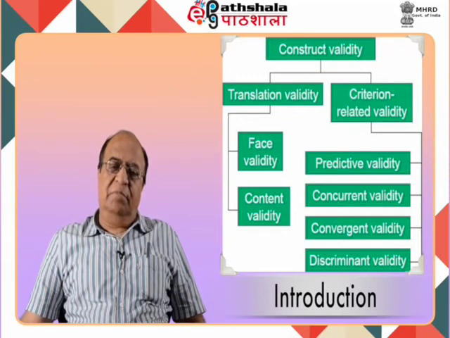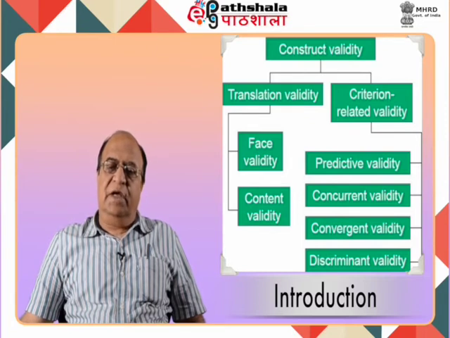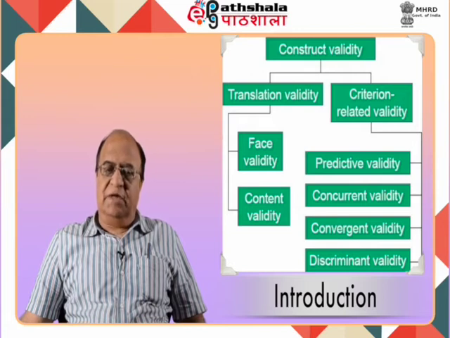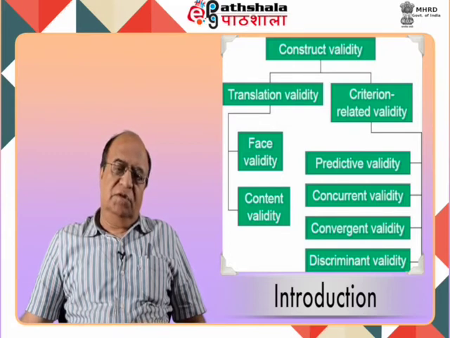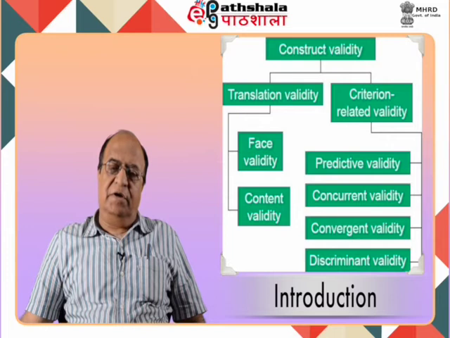Determining validity by means of judgment of test takers is termed face validity, in which potential participants interpret and respond to the test in general. The second method is determining validity by asking the subject matter experts regarding the appropriateness of the content of the test in line with the construct it intends to measure.